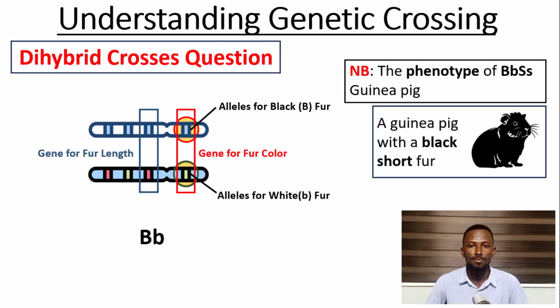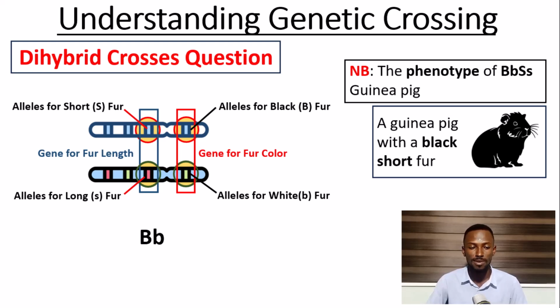Now on the same homologous chromosome, there is a section that is responsible for controlling the length of the fur. The length of the fur also comes in options or variety. One is responsible for short fur and the other for long fur, denoted by small s.